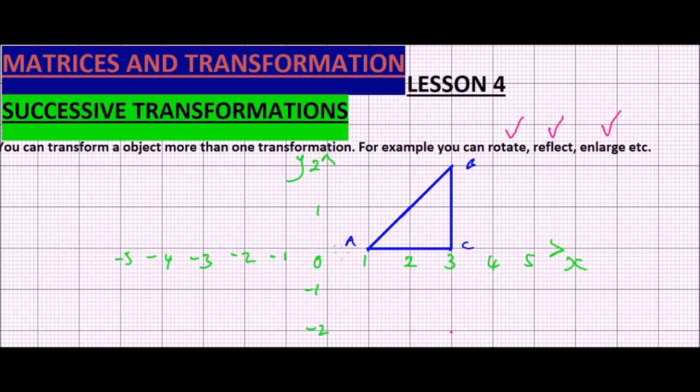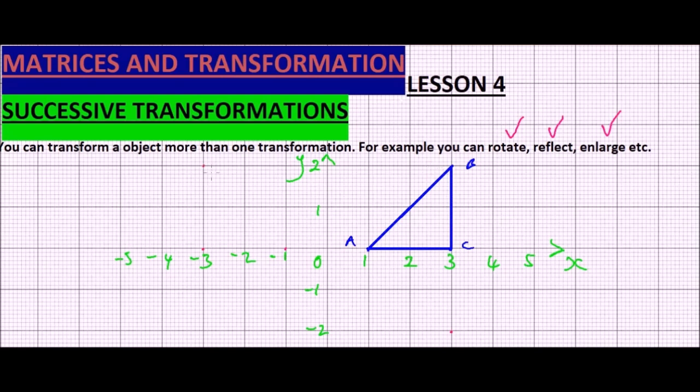Our first transformation, we can reflect it through the y-axis. This is the line of reflection. Our A will be reflected to this point. Our C will be 3 units from the x-axis, and our B will also be 3 units here.